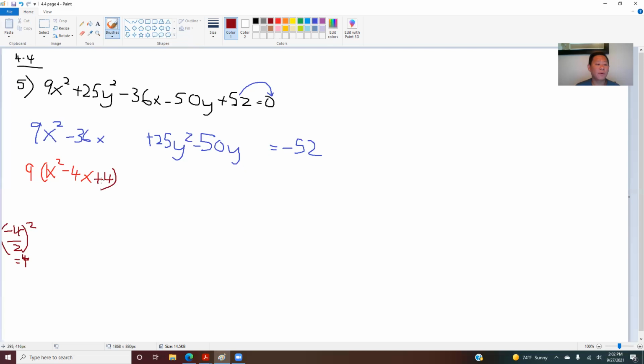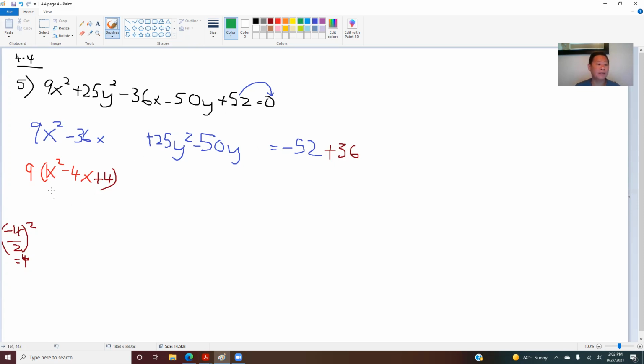And for this side, you don't add 4, you add 36. How I get 36 is 9 times 4. One mistake students tend to make is they add 4 on the right side. It's not balanced, the amount on the right side is 36. So that is your step number 3.